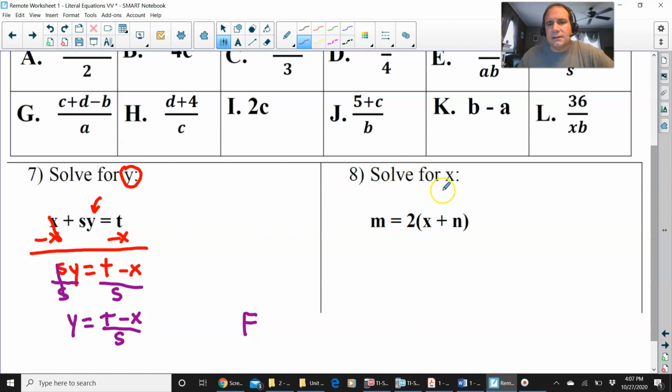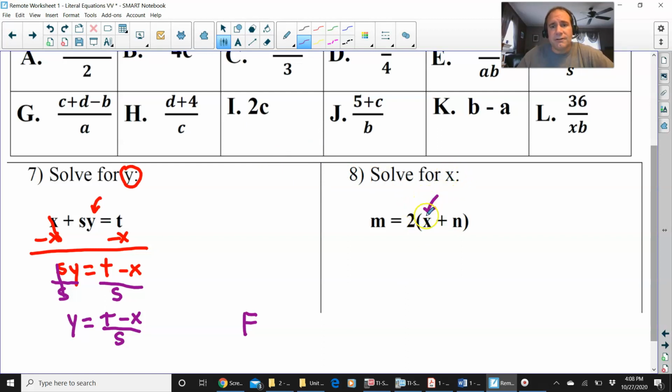Not too bad. The second one, solve for X. All right. So this can be done in one or two ways. Right now I'm looking at this X, and I think I'm just going to distribute.